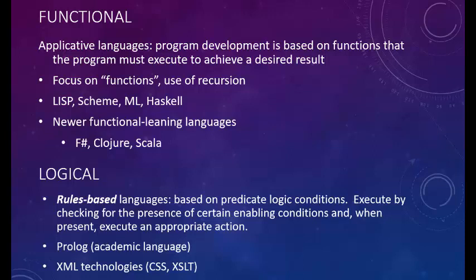Languages such as Prolog, which is heavily used in academics, and XML technologies such as CSS and XSLT fall under the logical realm. These feel really different from the style of programming we're accustomed to, but they fit specific applications extremely well, and as you study and learn and code using these different paradigms, you will expand your ability to solve problems efficiently.